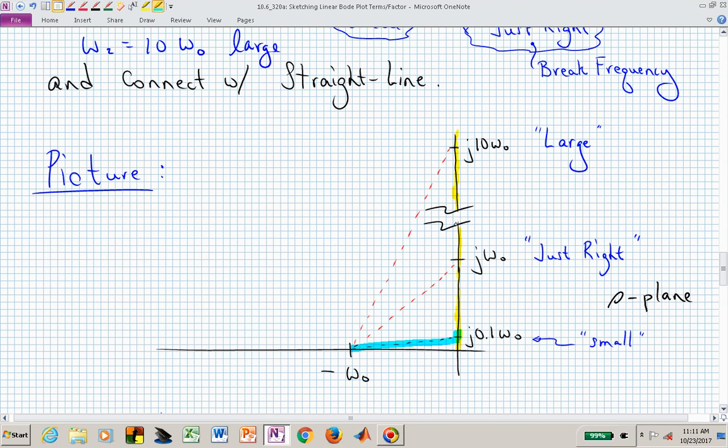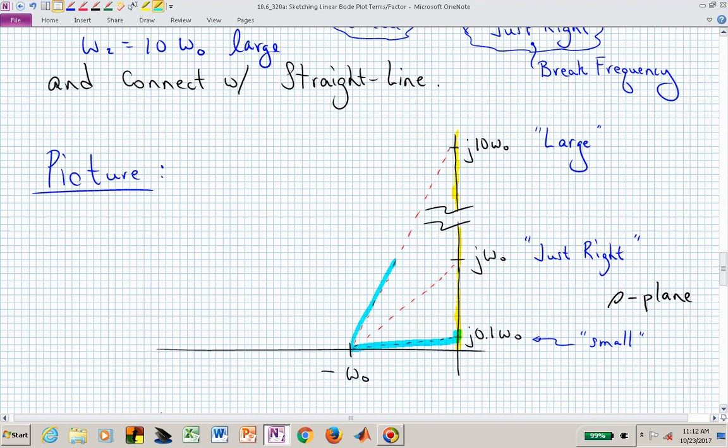Now, I have a gap here because obviously I'm not 10 times omega naught in this sketch. So now crane your neck a little bit more and think about going all the way up to 10 times omega naught, and the limit is going way off to infinity. How far are you going to have to crane your neck? Well, that's going to be an angle of 90 degrees.